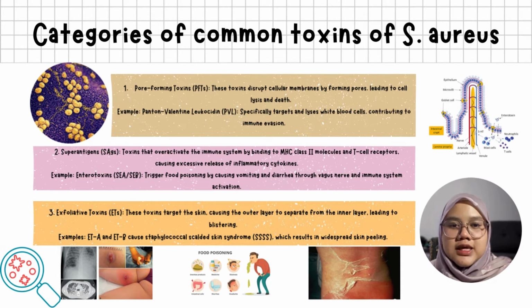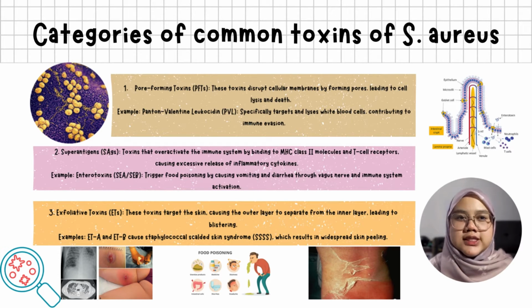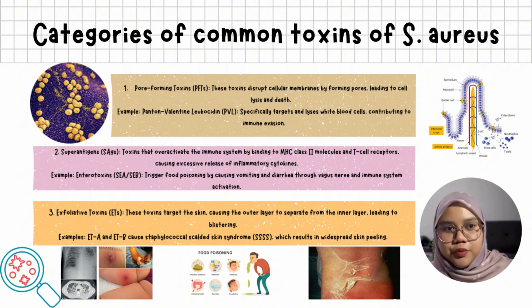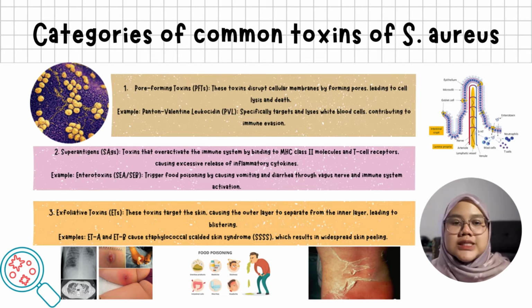For example, enterotoxin SEA or SEB will trigger food poisoning. The last one is exfoliative toxins, ETs. These toxins target the skin, causing the outer layer to separate from the inner layer, leading to blistering. For example, ETA and ETB cause staphylococcal scalded skin syndrome (SSSS), which results in widespread skin peeling.